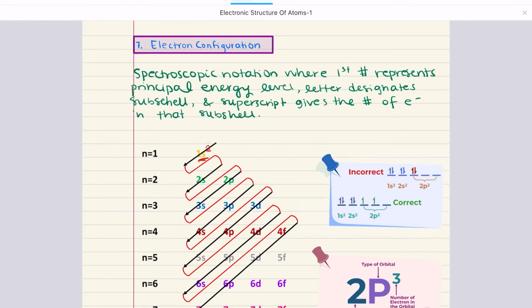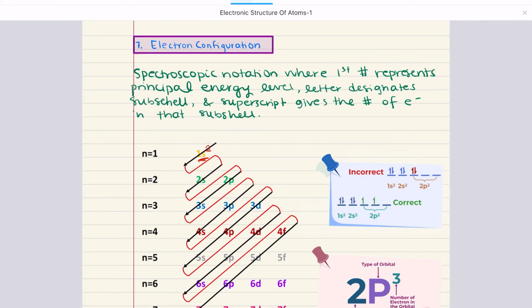Now, to write out the atom's electron configuration, we need to know the order in which subshells are filled. Electrons fill from lower to higher energy subshells according to Aufbau's principle. And each subshell will fill completely before electrons begin to enter the next one.